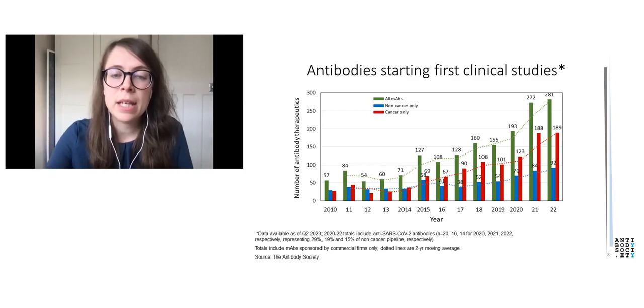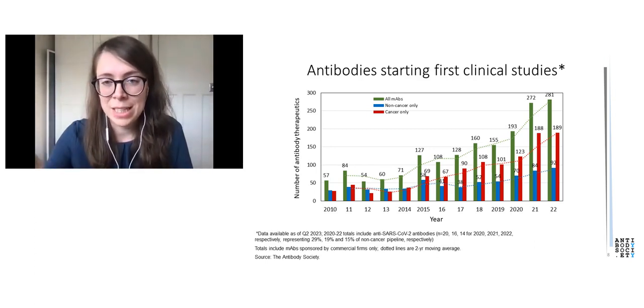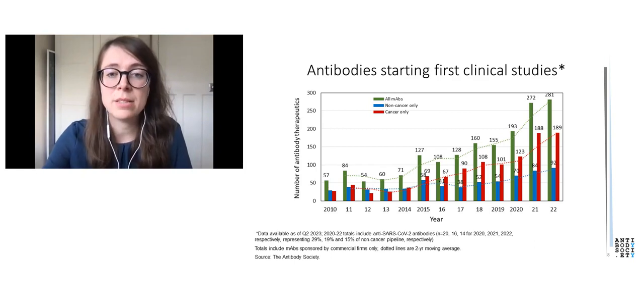If you look at the red line and the blue lines, referring to antibodies for cancer indications and for non-cancer indications, respectively, from 2016, the two curves start to diverge, and from 2017, each year we have a number of antibodies for cancer indication that is almost twice the number of those for non-cancer indication.